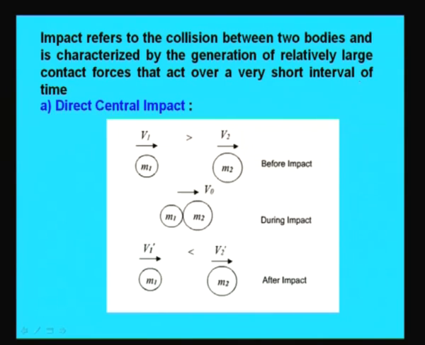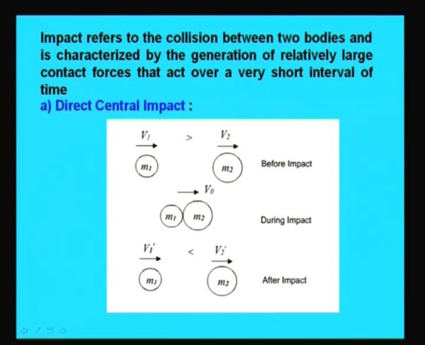If body A applies some force on body B, then body B also applies the same amount of force on body A. There are mainly two types of impacts we will study: direct central impact, and oblique impact.